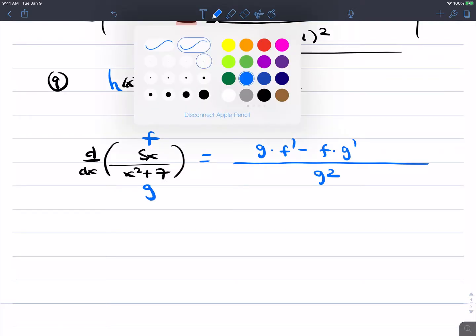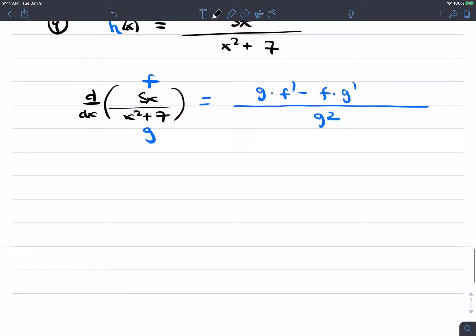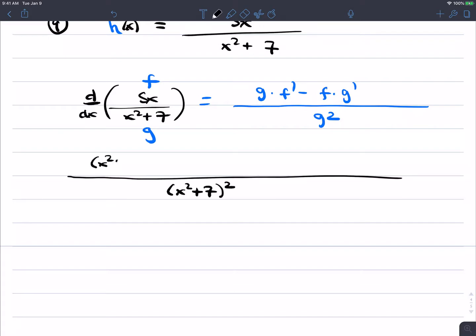So let's go through the details now. Take g, x squared plus 7, and square it. You're left with x squared plus 7 times the derivative of 5x minus 5x times the derivative of x squared plus 7.